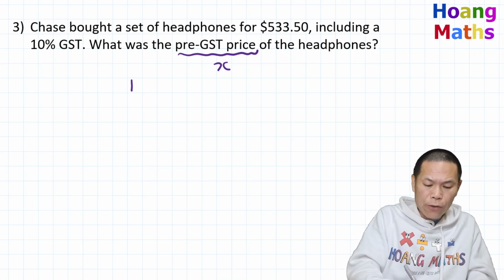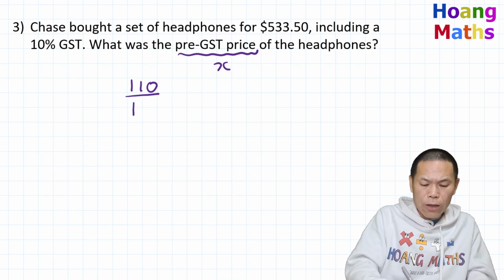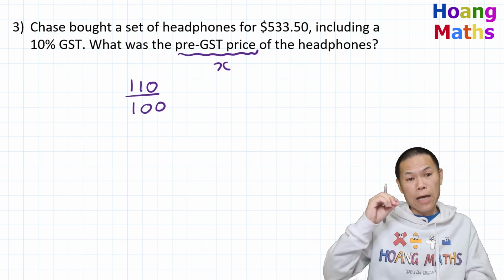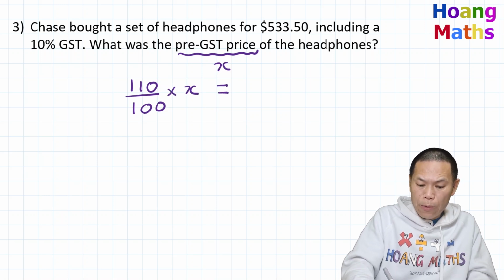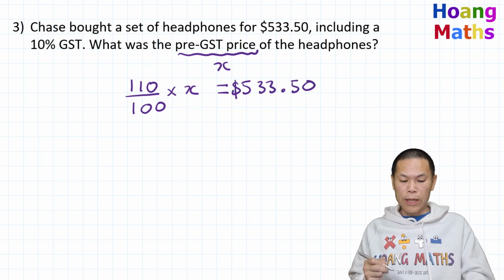That means 110 over 100, so 110% of X, that is times X. That will give us $533.50.